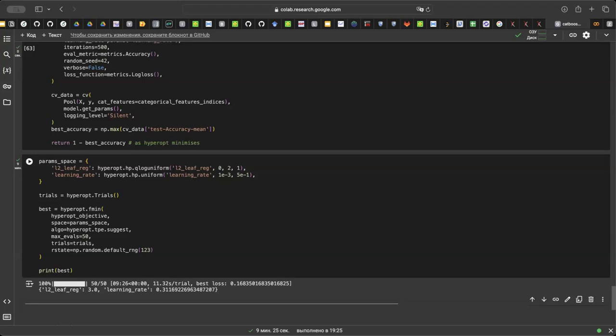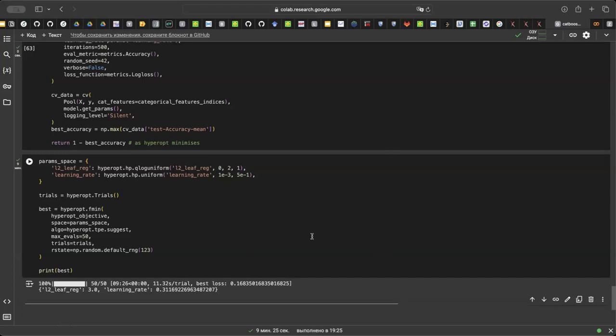And L1, yes, it was absolutely correct. It removes the features which are not that important or give not that much impact to the general model.